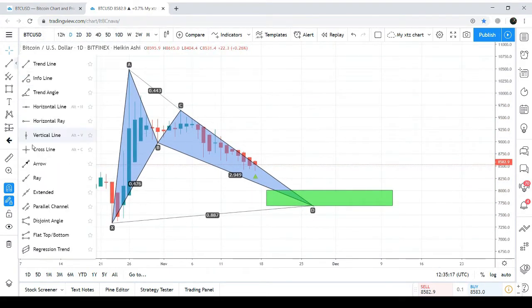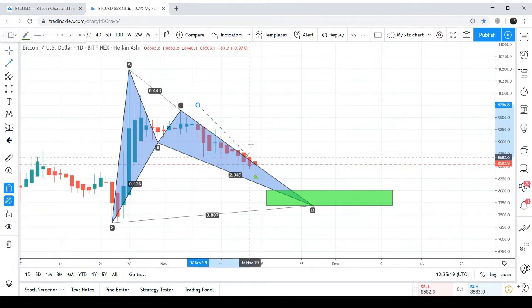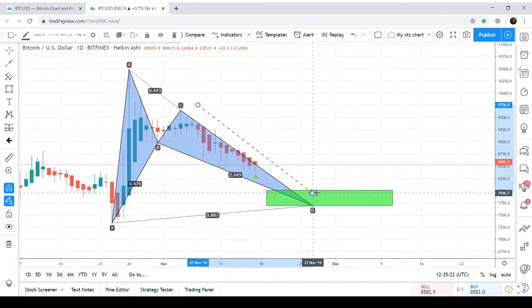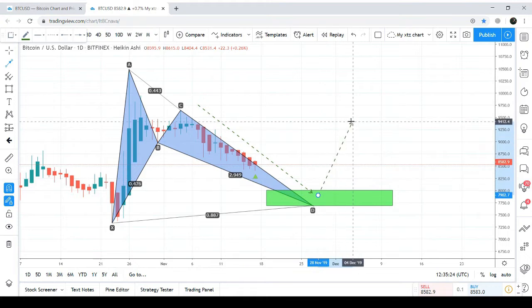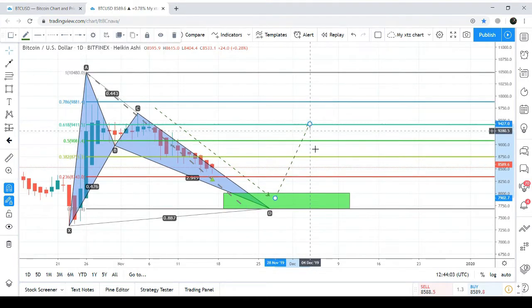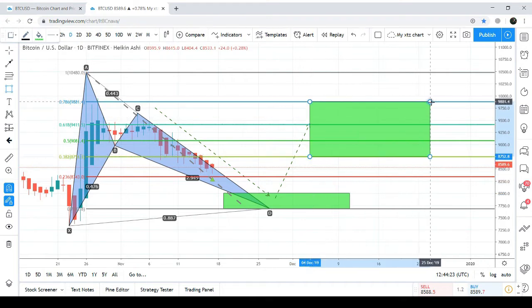Once the price action enters here, it can take the bounce from this area and move up again. Now our buying zone is defined here, and this is the area from where we can buy. The question is where we can sell or take exit, and that is the A to D Fibonacci projection from here up to here.